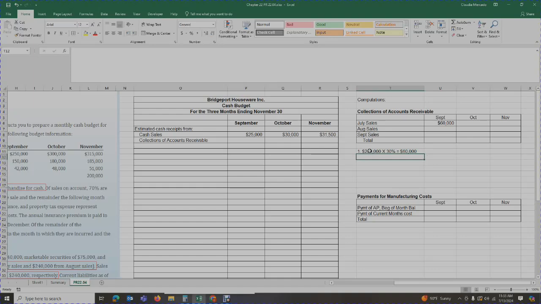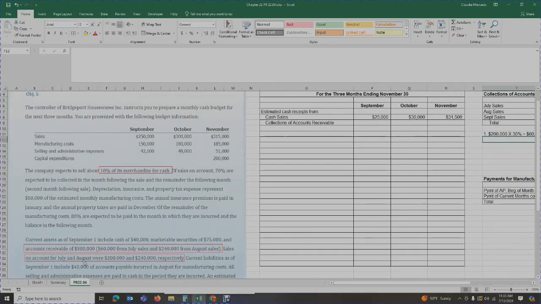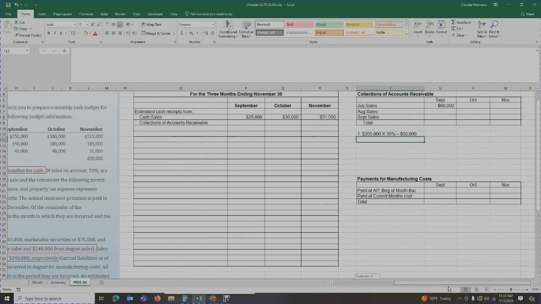So what also happened, if we go back here, in August, there was sales of $240,000. So we have $240,000 sales in August, and the problem says that the month after the sale is made, you are going to collect 70%.